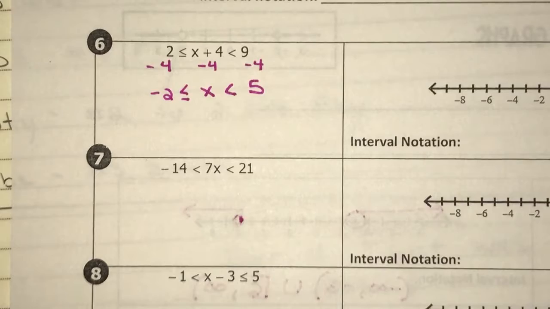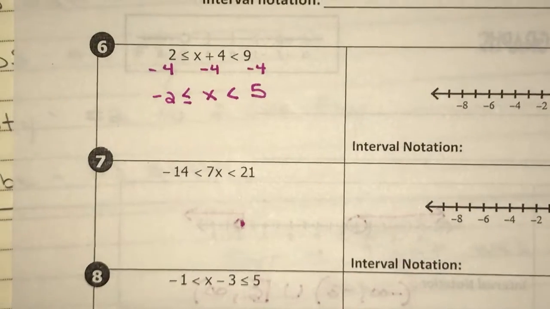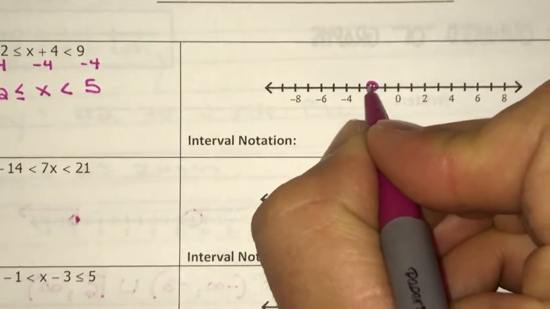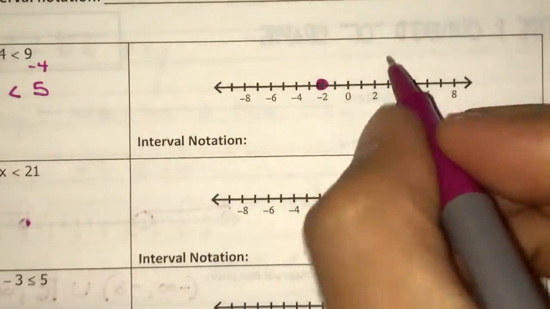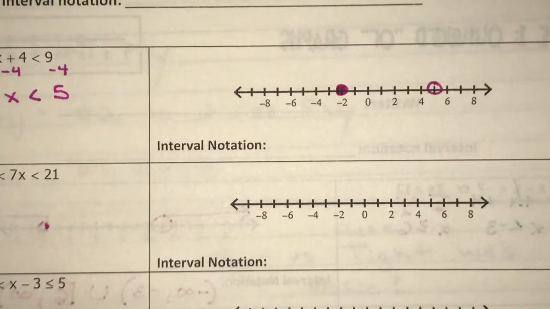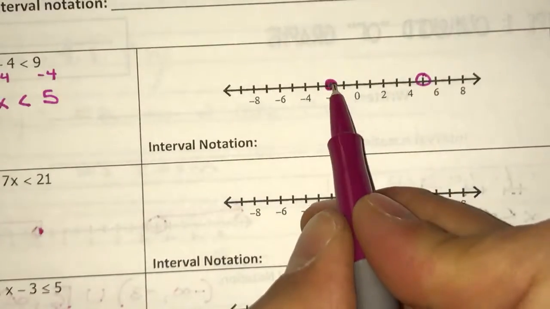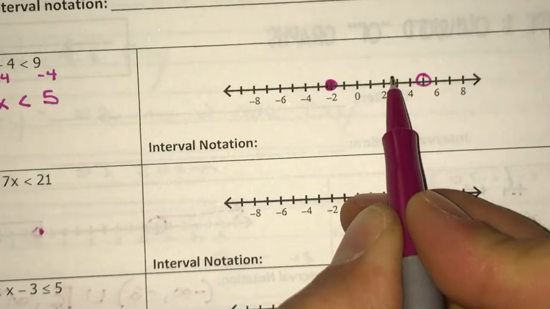So now I need what kind of circle on -2? Closed circle on -2. So go to -2 and put a closed circle. And then what kind of circle on the 5? Open circle. So notice x is greater than -2, so that would be to the right, but less than 5.